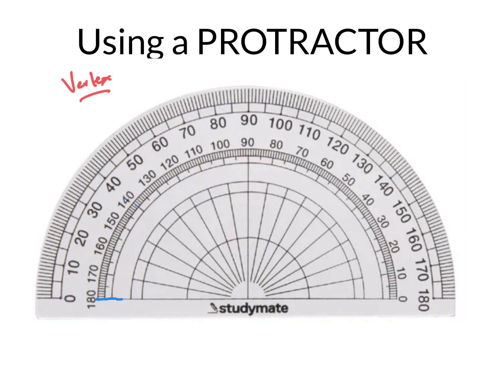Let's do another one. Let's start one going the other way. Okay, so here's my vertex and one ray. Of course, I put that bottom line on it. Let's say it was like this. Now again, you've got those two numbers. It's pointing at 120 or 60.